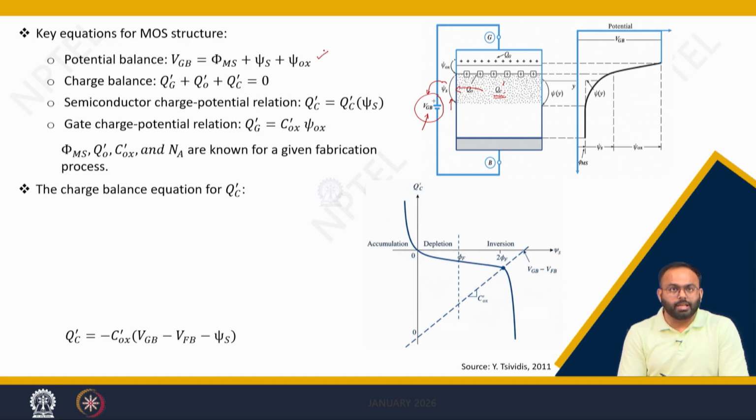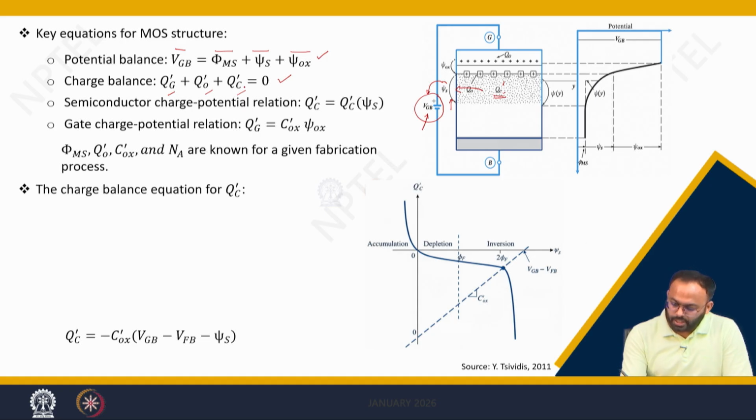One is potential balance, which we already know: the applied gate voltage is nothing but phi ms plus surface potential plus oxide potential. Another is the charge balance equation, which shows that the charge is conserved in the system. So, Qg dash equals minus Q naught dash minus Qc dash.